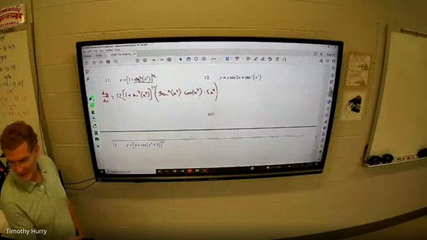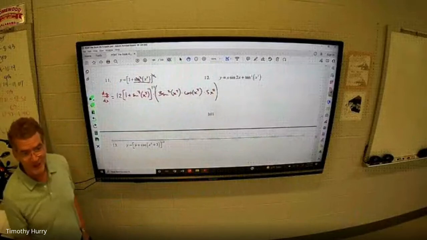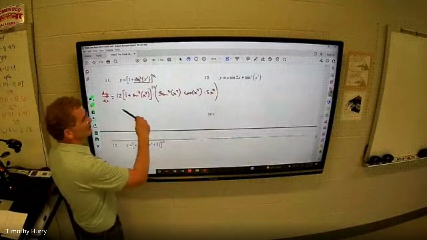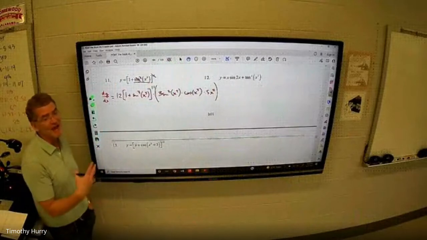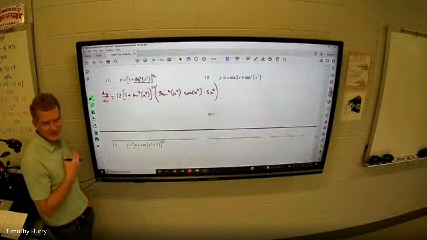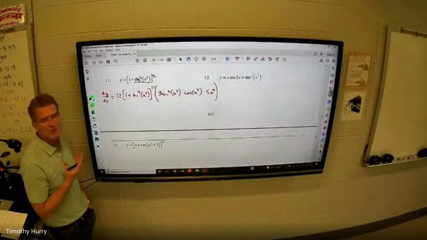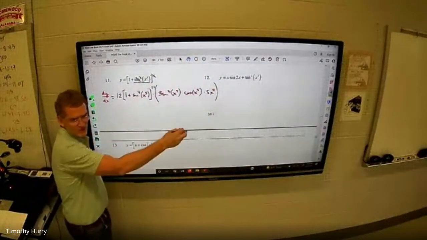Now, I will say, and I hope she's not here for this, but there probably will be no problem that you ever do which will have an ugly derivative like this. I just overkill it in pre-cal. And believe me, I have pulled back. Before I taught calculus, I just had this sadistic way of like, okay, let's just see what they can handle. And I would give derivatives that would take like 3 lines to write out.